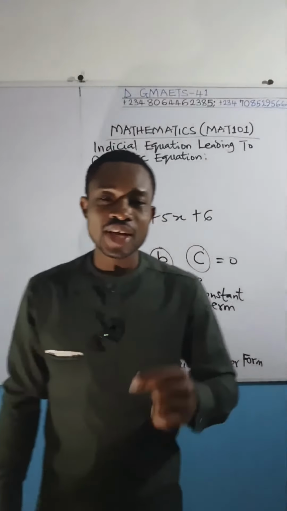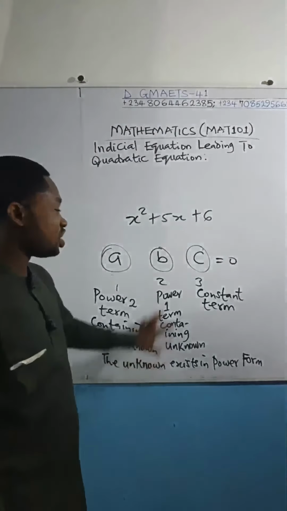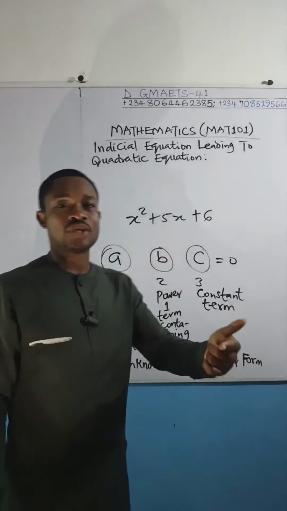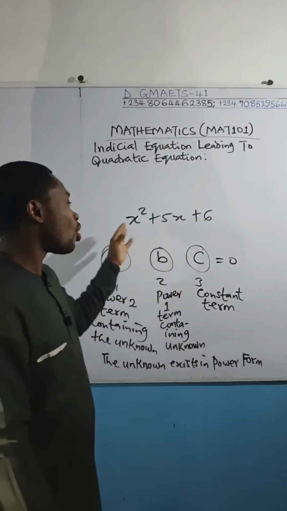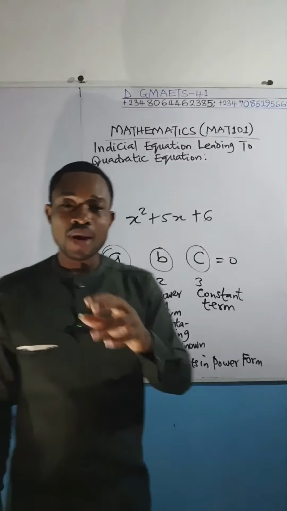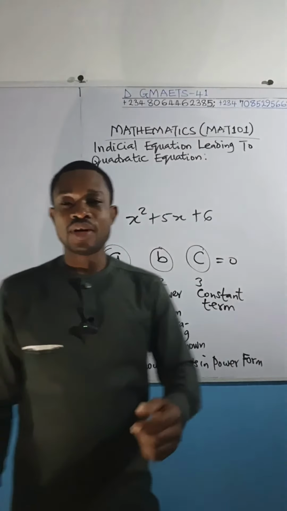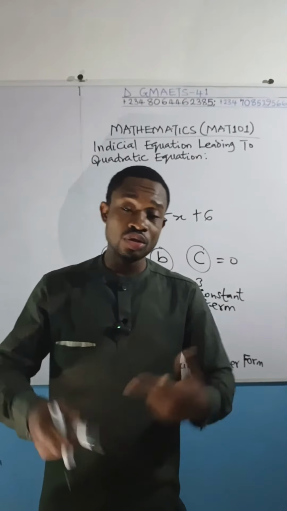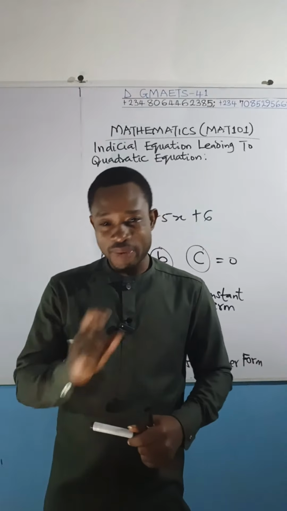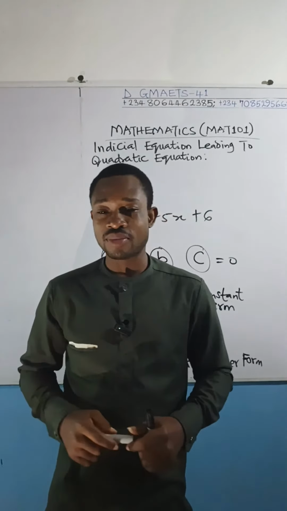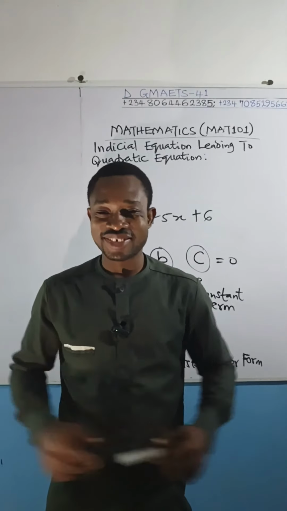That is what differentiates it from our normal quadratic. In our normal quadratic, the unknown appears as a base. But in indicial equation, the unknown usually appears in power form. A particular base will bear the unknown as power, but that base is usually a number.